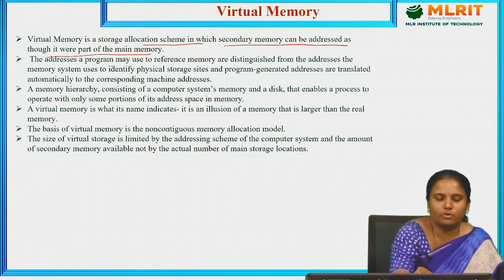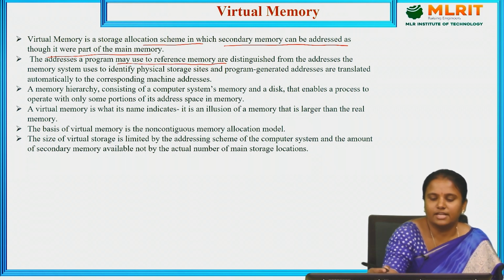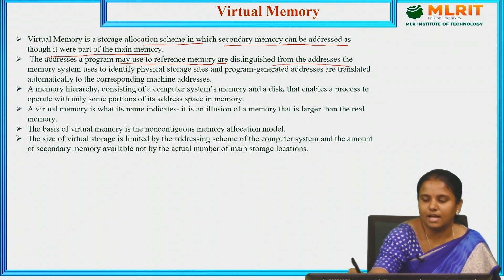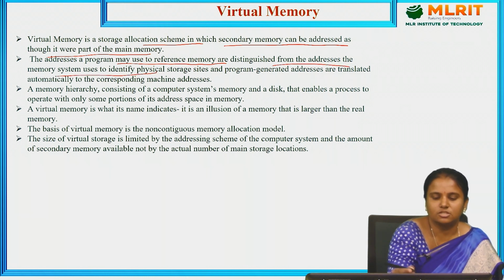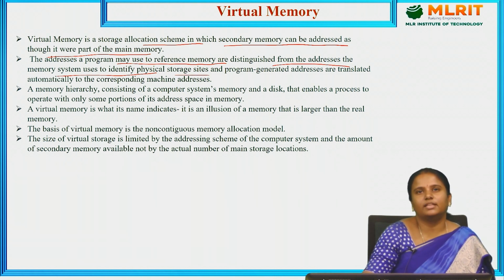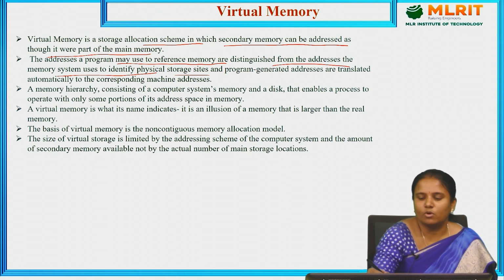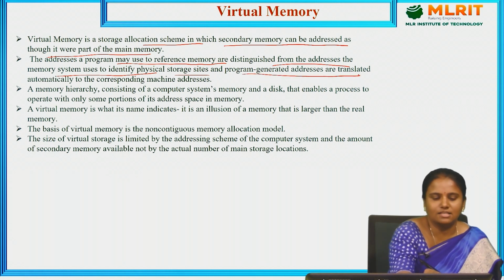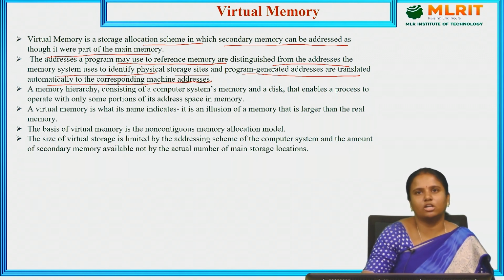The addresses a program may use to reference memory are distinguished from the addresses the memory system uses to identify physical storage sites, and program-generated addresses are translated automatically to the corresponding machine address.